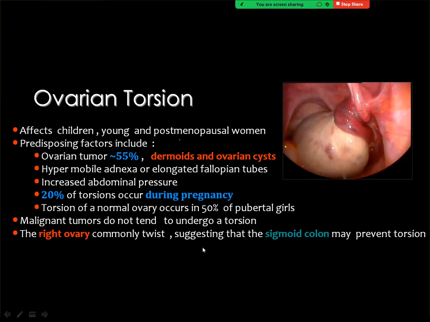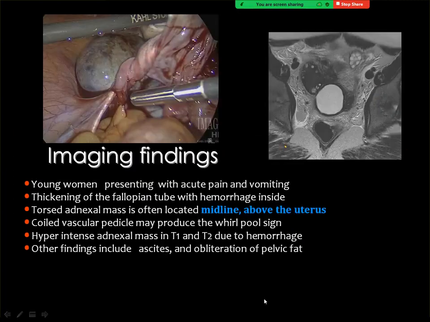Then sometimes you get ovarian torsion in about 20% of the patients during pregnancy, and the torsed ovary is usually on the right side because it is suggested that the sigmoid colon may prevent torsion on the left side.